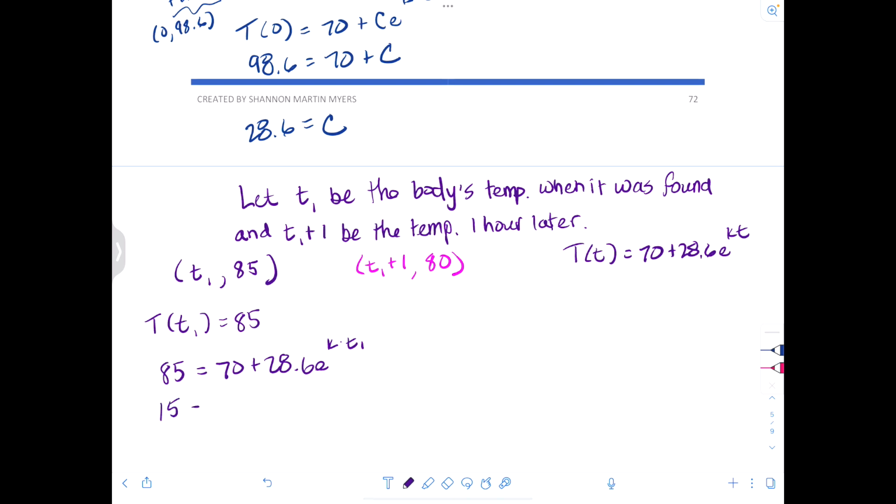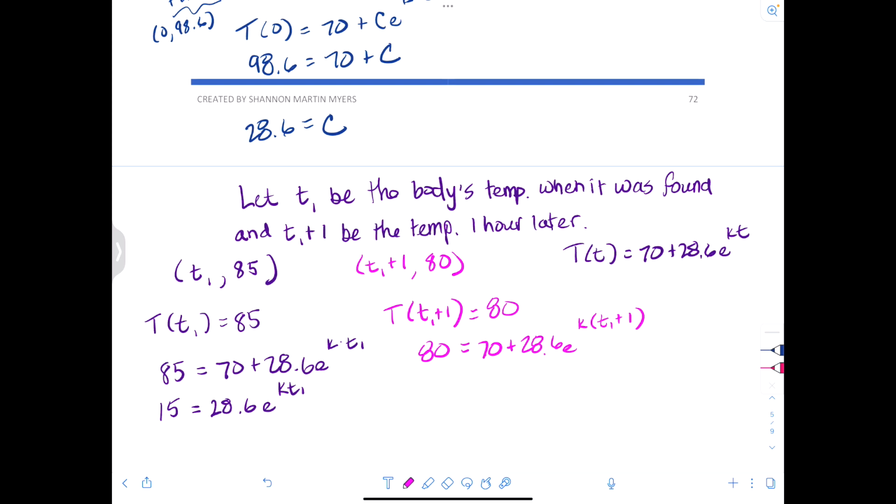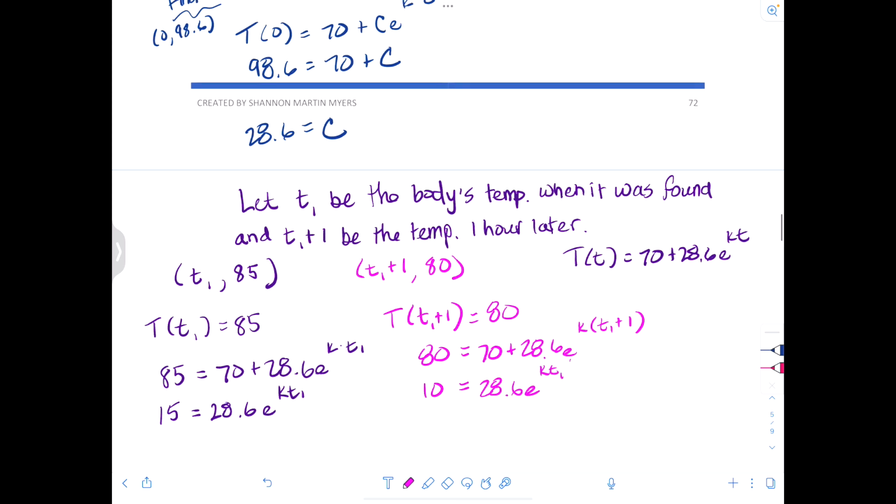So this would be 15 is equal to 28.6 e to the k times T1. And now the second one will be T at T1 plus 1 will be equal to 80. So 80 equals 70 plus 28.6 e to the k times T1 plus 1, which will be 10 equals 28.6 e to the kT1 plus k.